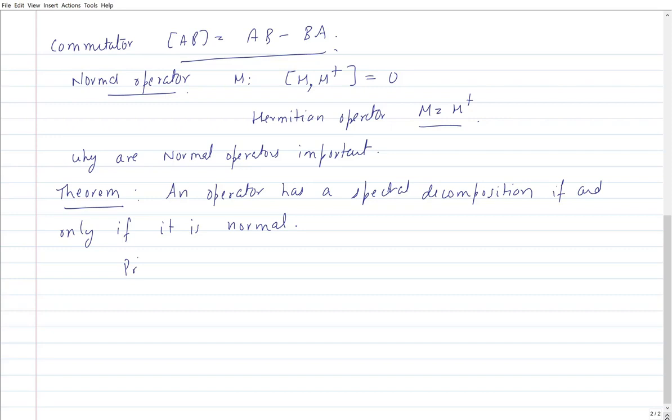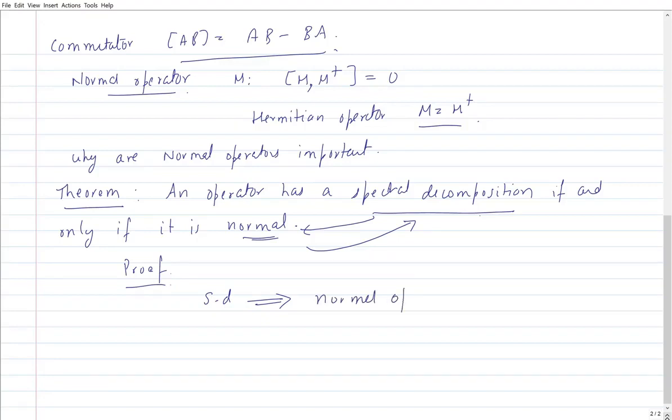So, proof. Well, certainly, if and only if means we have to prove it in both directions. Given a spectral decomposition implies the operator is normal, and given a normal operator implies spectral decomposition. So, one way of the proof, spectral decomposition implies a normal operator, is trivial. This is easy.